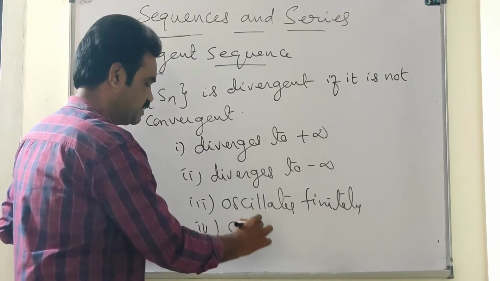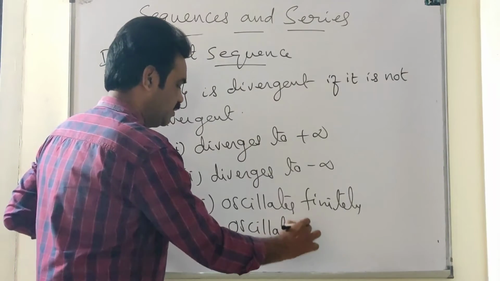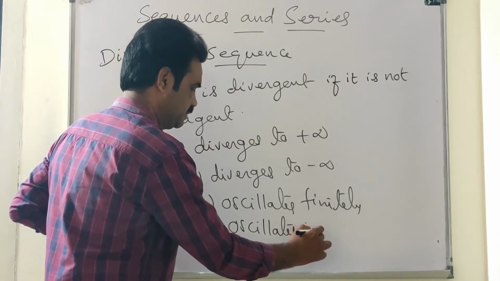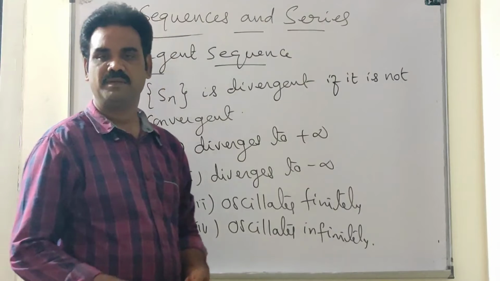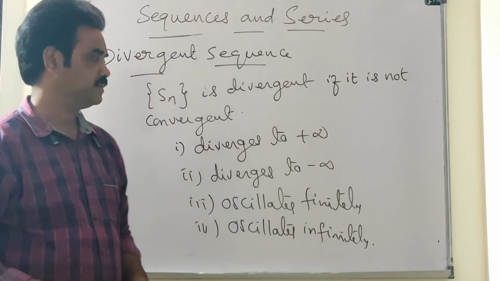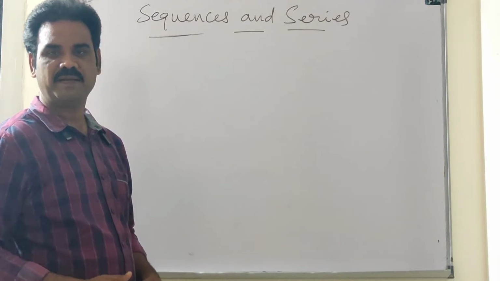Next, oscillates infinitely. These are types of divergent sequences. Now, what is meant by oscillates finitely and oscillates infinitely?